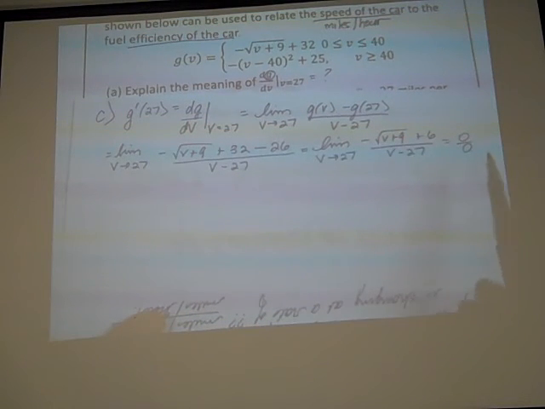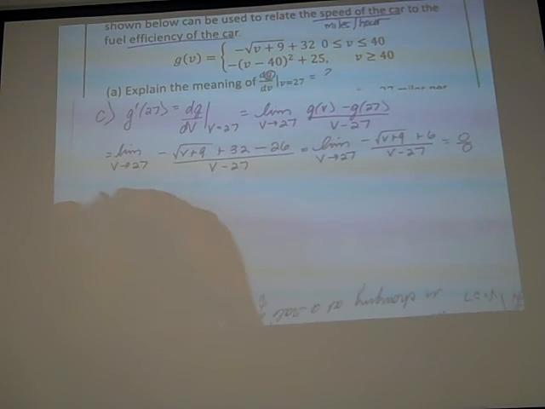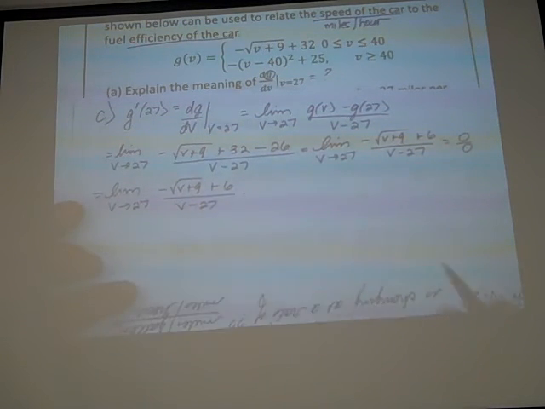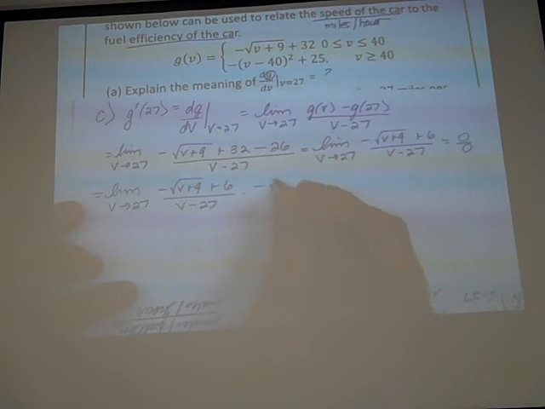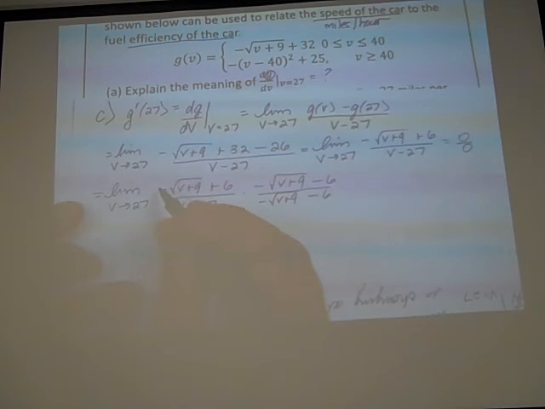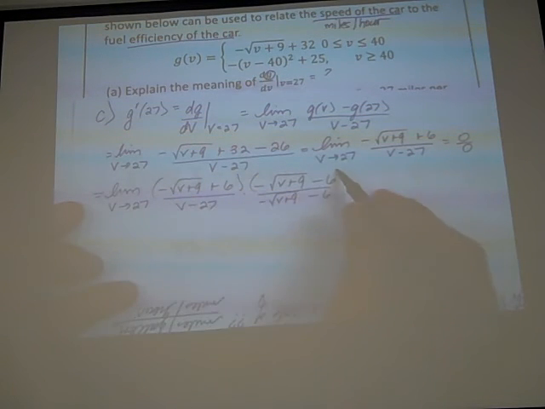Uh-oh! Need some algebra trickery. Get that square root showing up again. We're going to multiply by the conjugate. We take the limit as V approaches 27 of negative square root V plus 9, plus 6. We need to multiply by the conjugate. The conjugate will be negative square root V plus 9, minus 6. In the denominator, negative square root V plus 9, minus 6. We're going to multiply numerator with numerator, denominator with denominator.